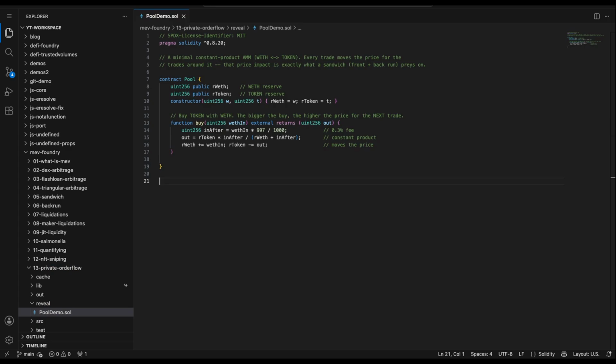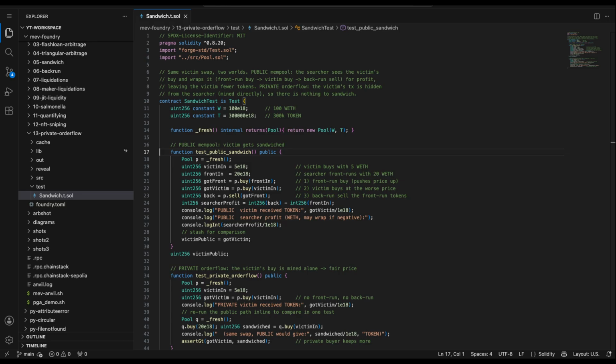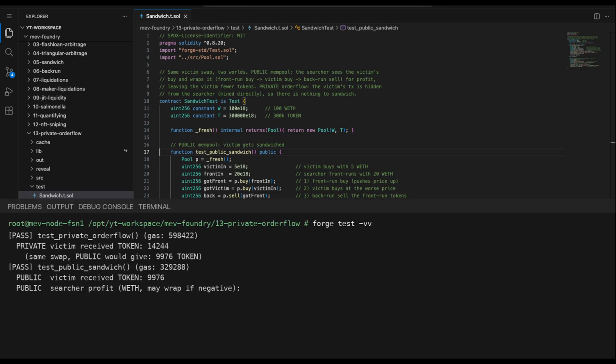Now let's run the two worlds side by side. Here are the tests: same pool, same victim buying with 5 WETH, two different worlds. The public test runs the searcher's front run, then the victim, then the back run, exactly what happens when your swap is visible. The private test runs the victim's buy alone, as if it were hidden. We print how many tokens the victim receives in each. Run it!